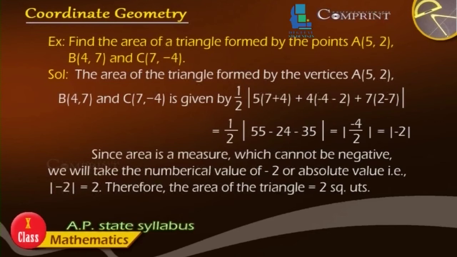Since area is a measure which cannot be negative, we take the absolute value, which is 2. Therefore, the area of the triangle is 2 square units.